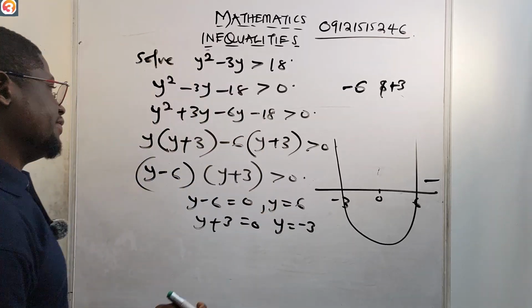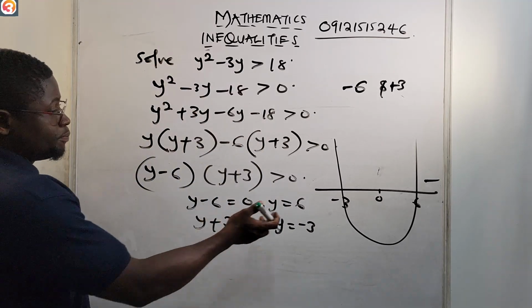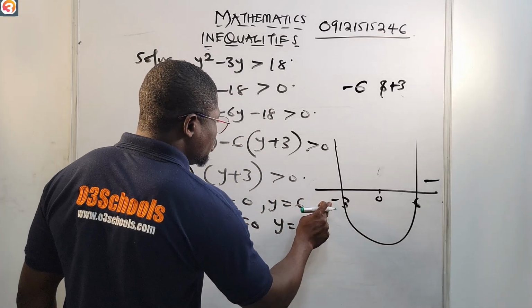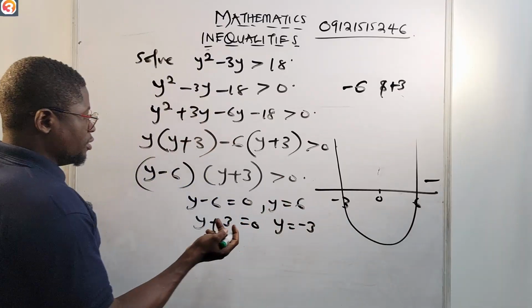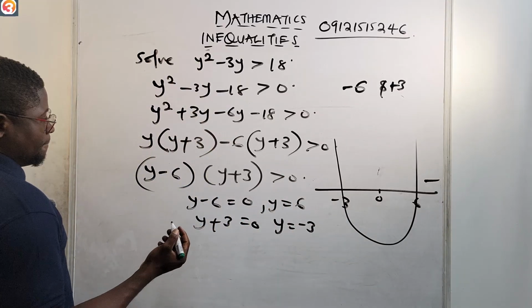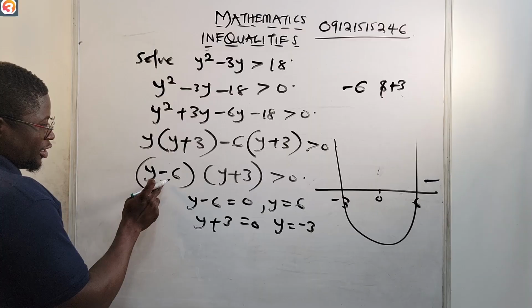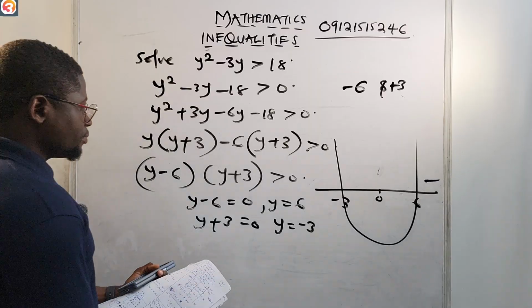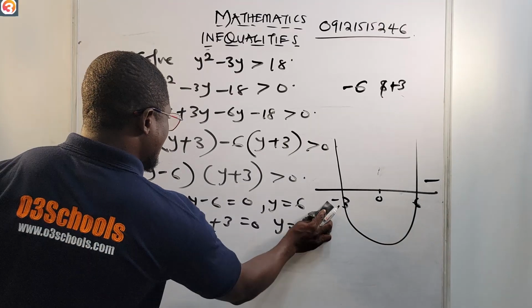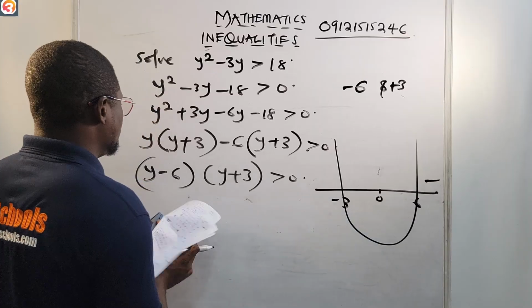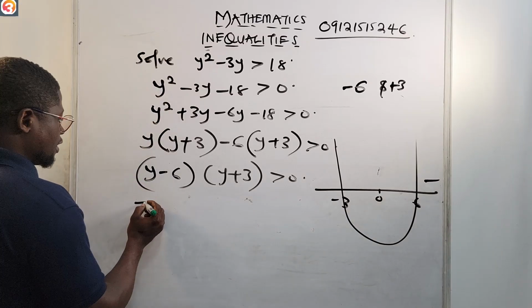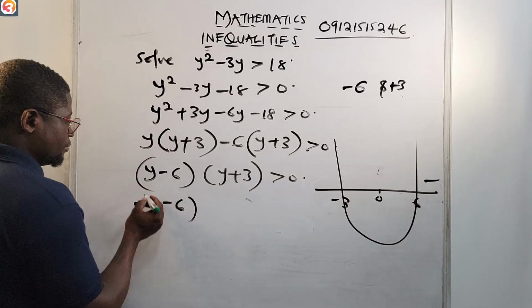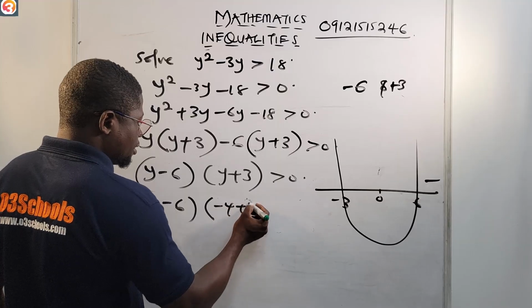Okay? So let us test the values. Let us pick this point. A value that is less than minus 3 will be what? Minus 4. Minus 4 is less than minus 3. So let us put minus 4 into this equation. I'm going to have minus 4 minus 6 times minus 4 plus 3.